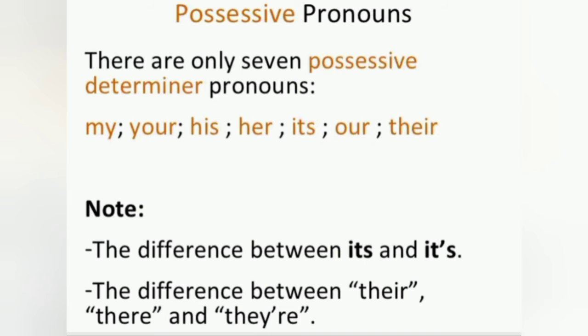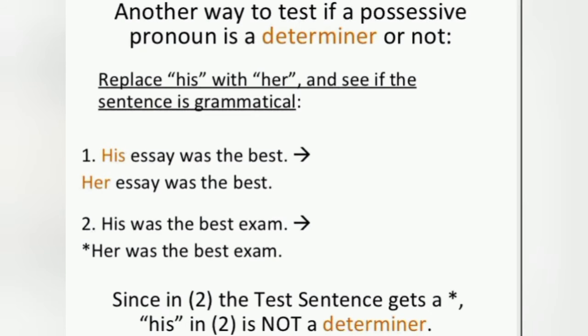Note down one thing: the difference between its and it's. The difference between their and there, you must know about these things. Another way to test whether a possessive pronoun is a determiner or not: replace his with her and see if the sentence is grammatically correct or not.